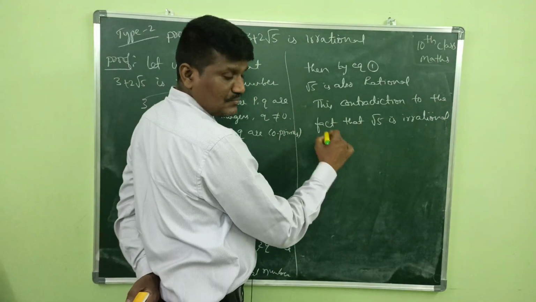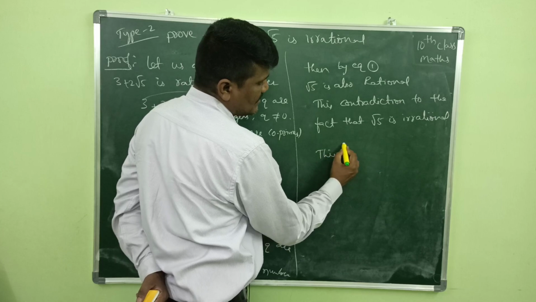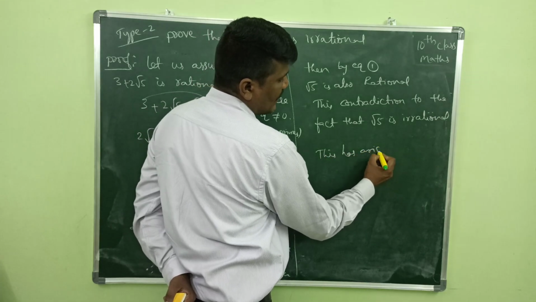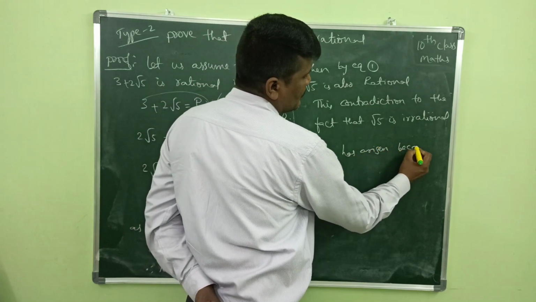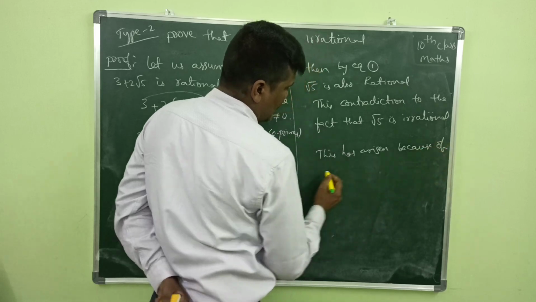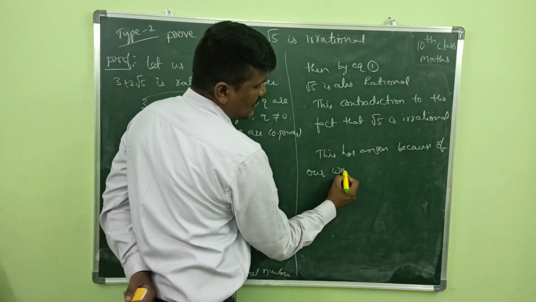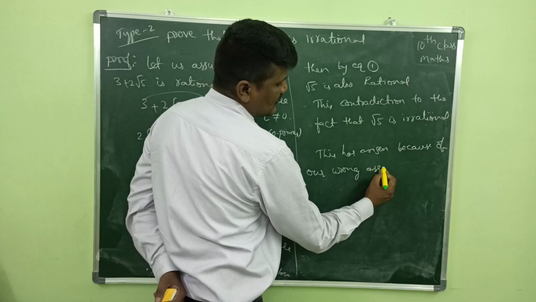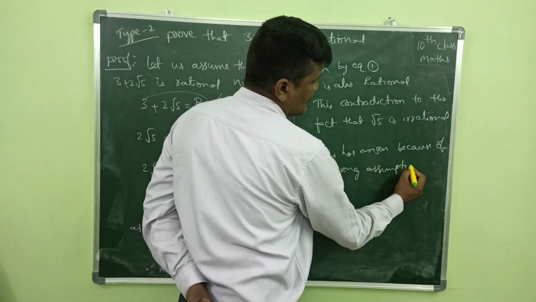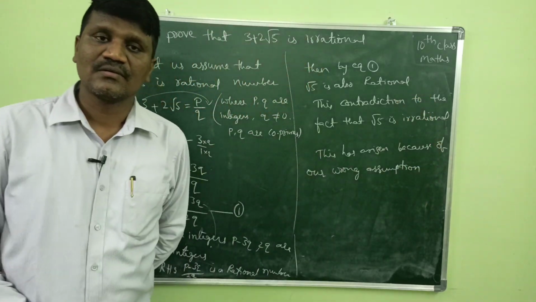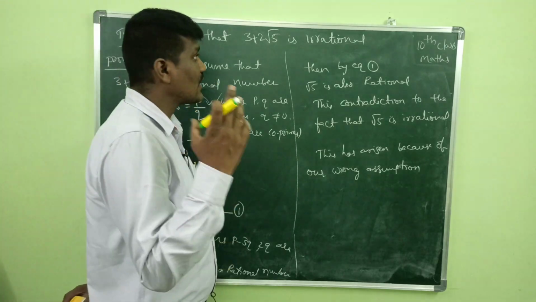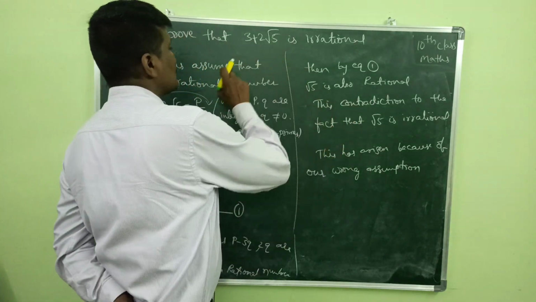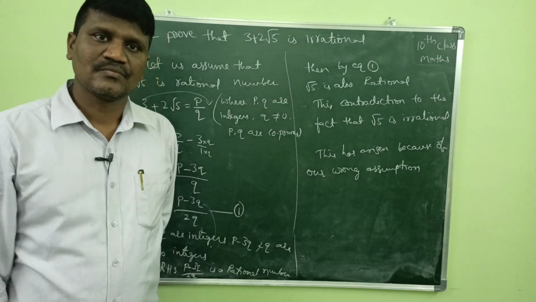So why has this come? So this has arisen because of our wrong assumption. What is the wrong assumption? The wrong assumption was 3 plus 2 root 5 is rational. So that is wrong.